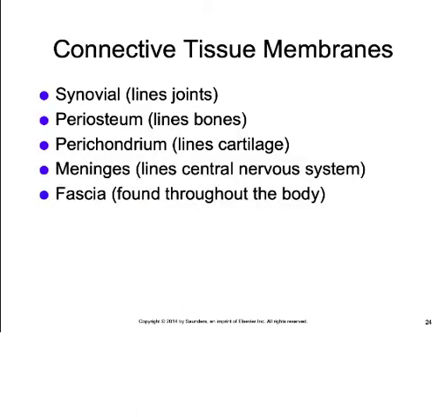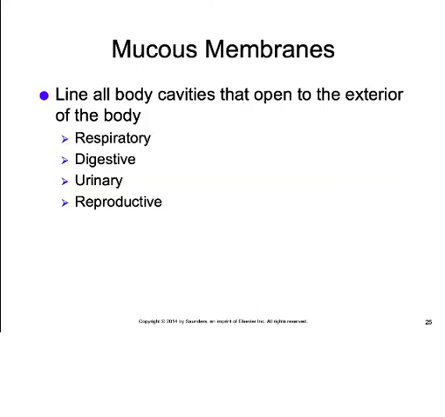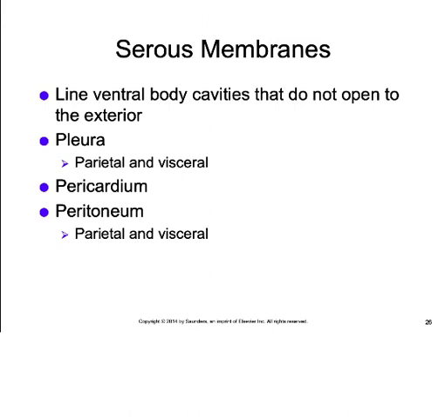The other membranes, synovial membranes and periosteum and perichondrium, we've discussed, and the meninges as well, and the fascia. Okay? The mucous membranes and the cavities that they line and why. Okay? We've discussed that. Serous membranes and their location, right?